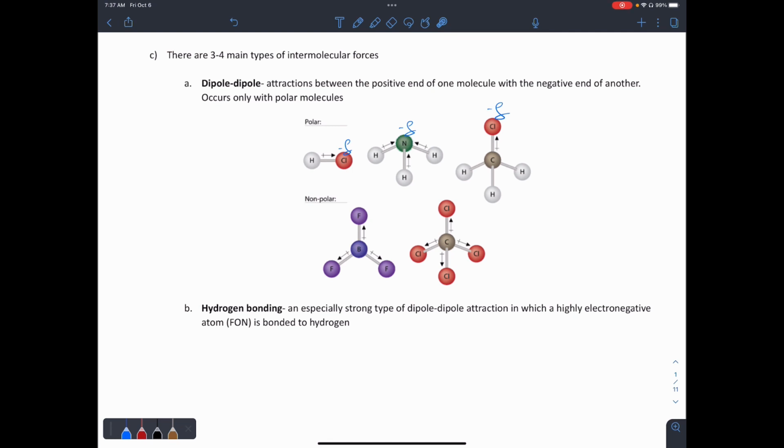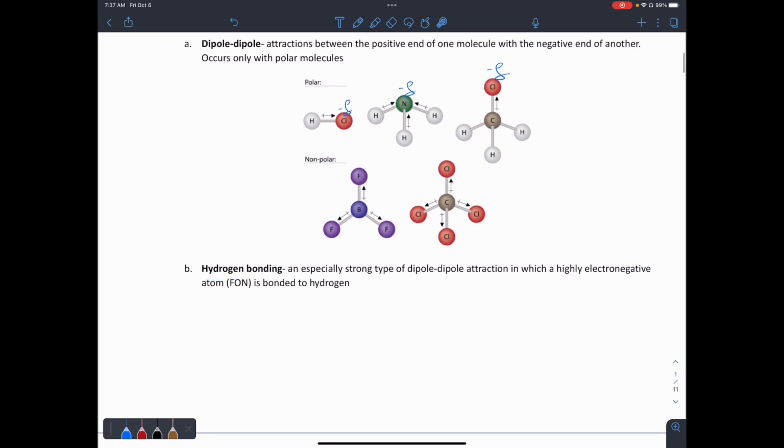The second type of intermolecular force you need to know is called hydrogen bonding. It's an especially strong type of dipole-dipole attraction. That's kind of important.